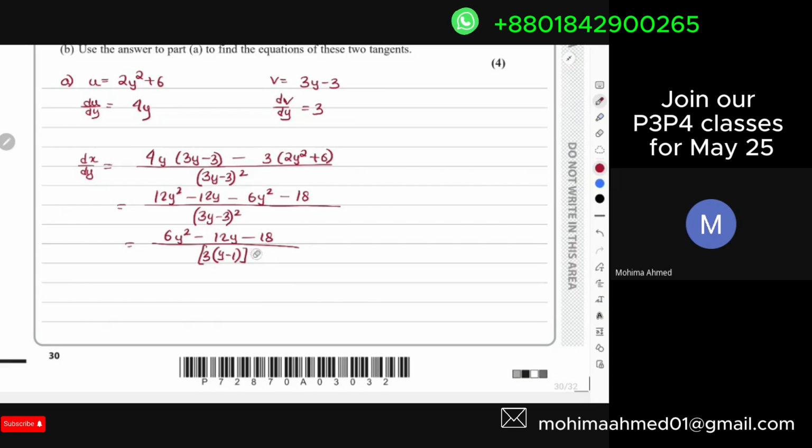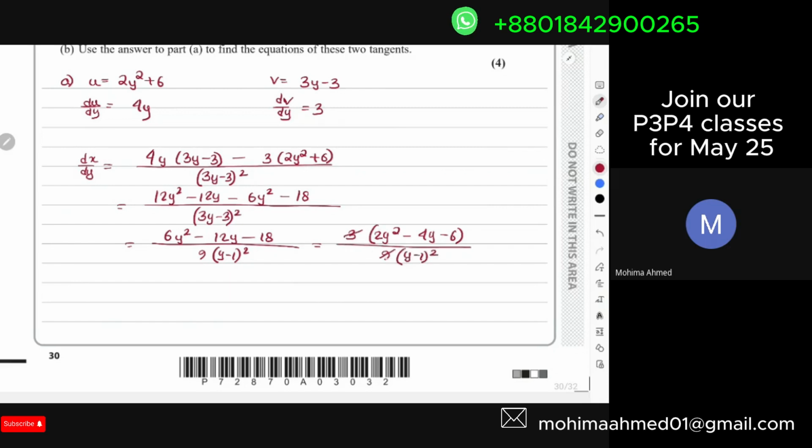That means in the denominator, I can actually write 9 times y minus 1 whole square. And from the numerator, I can take 3 as a common factor. We have 2y square minus 4y minus 6 divided by 9y minus 1 whole square.